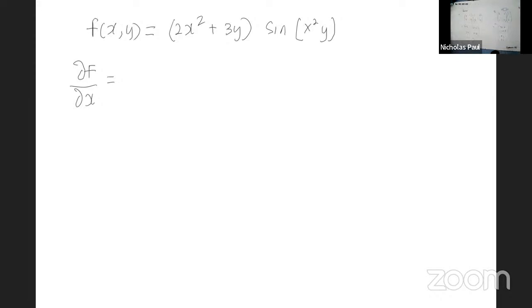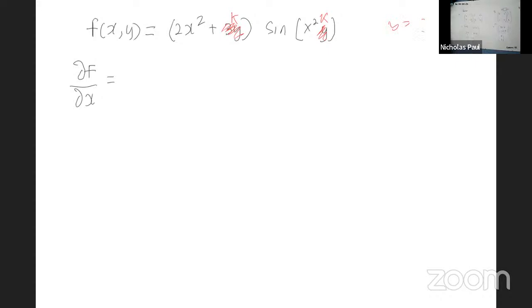Now, we're treating y as a constant here. So pretend this is a k and pretend this is a k. All right, so let's say y is k actually.